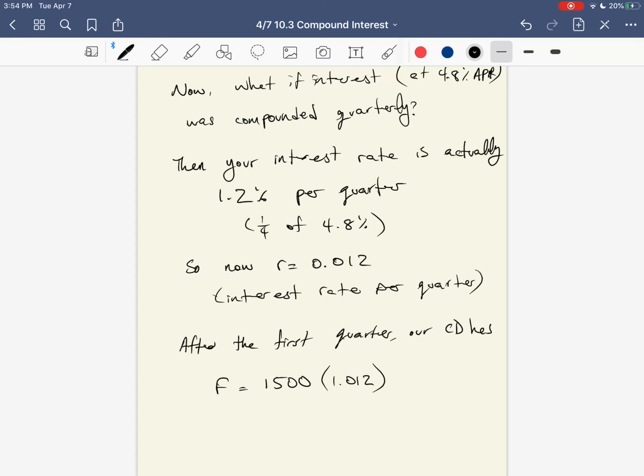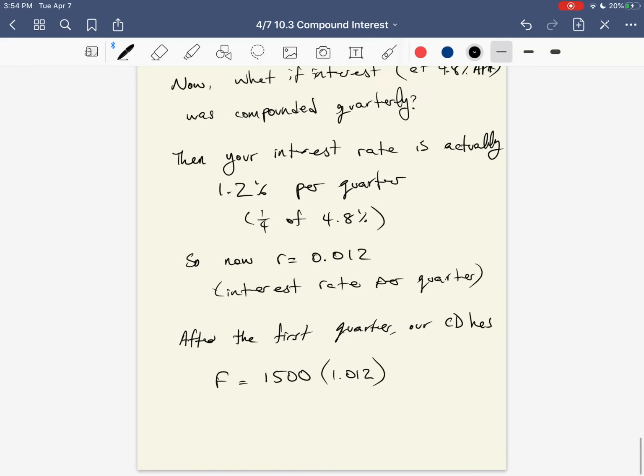So this is just the simple interest for the first quarter. This is 1.2% of 1,500 added back on to 1,500. Okay, and maybe I won't do that out right now.